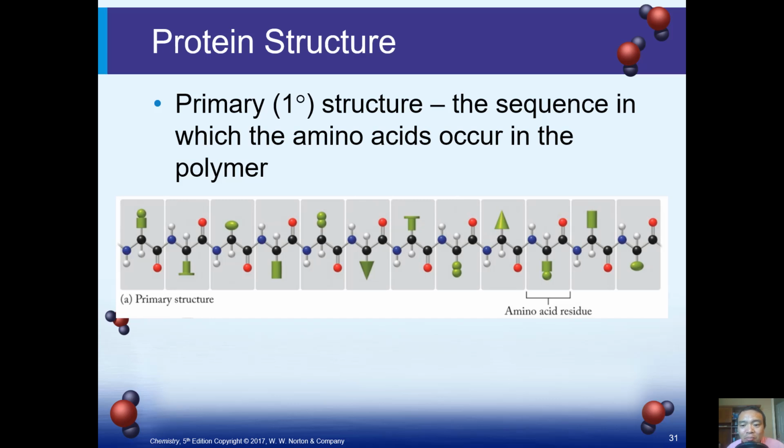The individual amino acids in the chain after the loss of water are the so-called residues. Proteins that contain the same number of residues but different identities or sequences will have different properties, and the specific sequence is referred to as the primary structure.